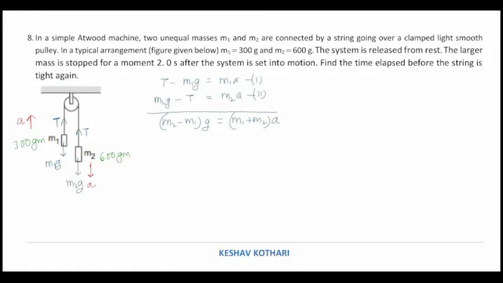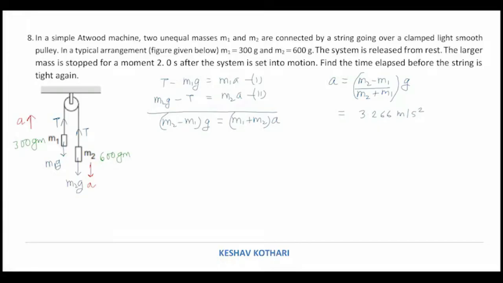From here we can write that the acceleration is equal to (m2 minus m1) upon (m2 plus m1) into g. If we substitute the values, 600 and 300, we get an acceleration of 3.266 meter per second square. So this is going to be the acceleration for this particular mass system.